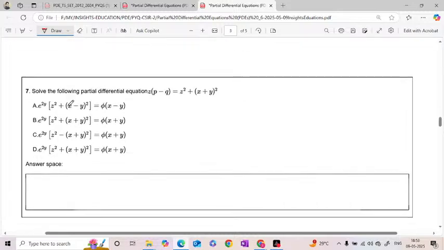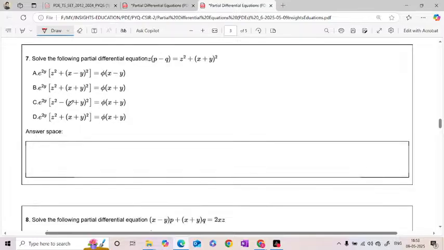Next one. Solve the following partial differential equation. z of p minus q is equal to z square plus x plus y whole square. dx by zp, dx by z, and dy by, dz by z square plus x plus y whole square.